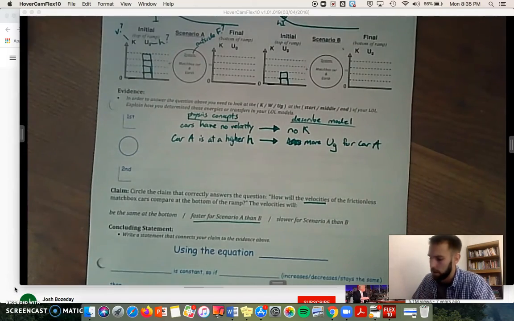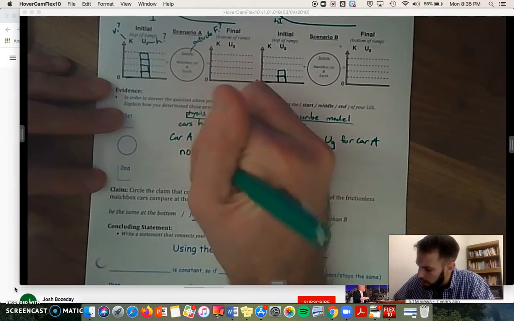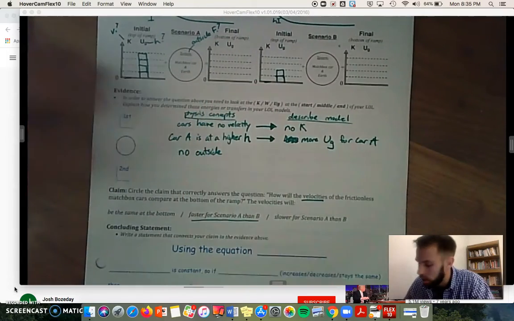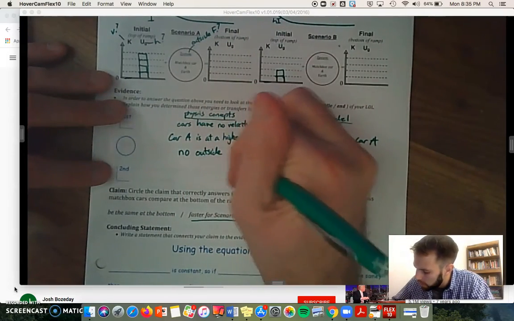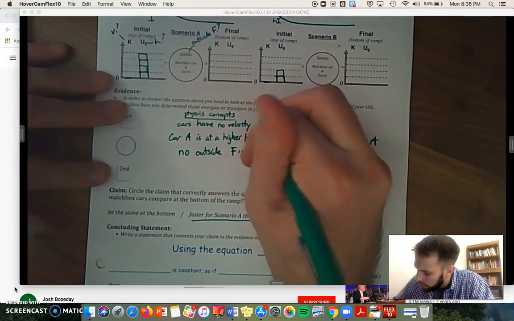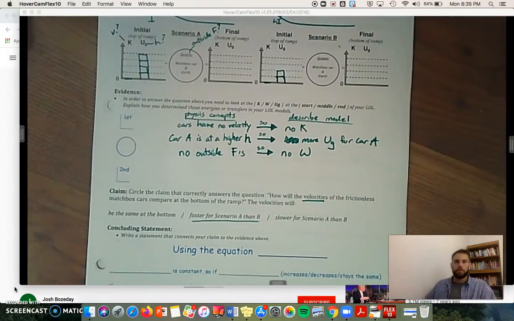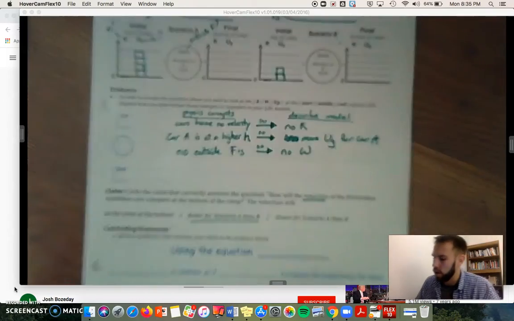So that's exactly what I'm going to say: no outside forces. Or I could say no friction. Either one of those works. No work. I'm just explaining why I didn't draw anything here.